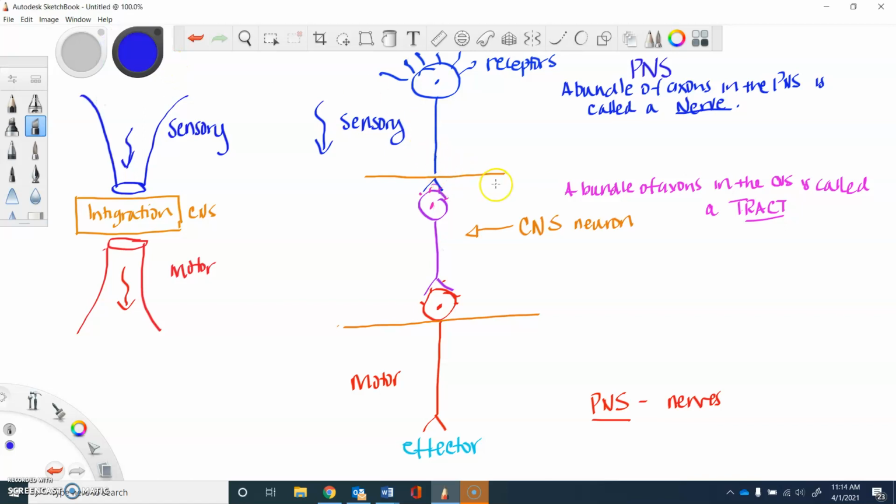So a group of cell bodies in the peripheral nervous system, in the PNS, is called a ganglion. Again, they're not just cell bodies all over the place. They're all grouped into a common spot, and that spot is called a ganglion.